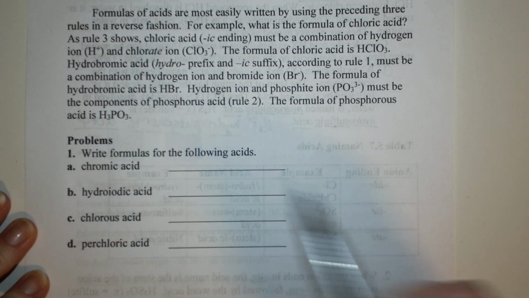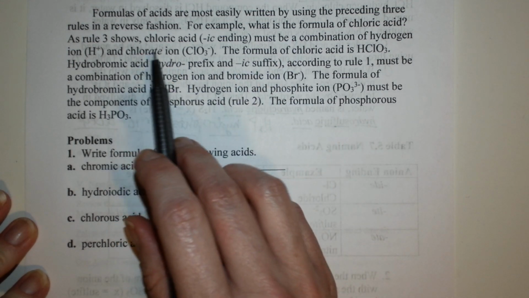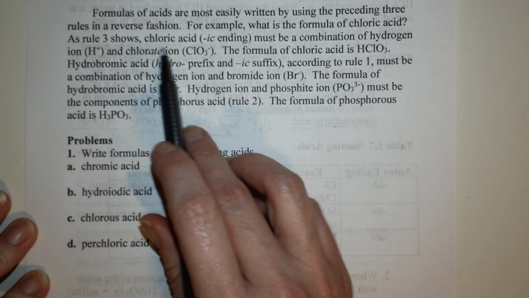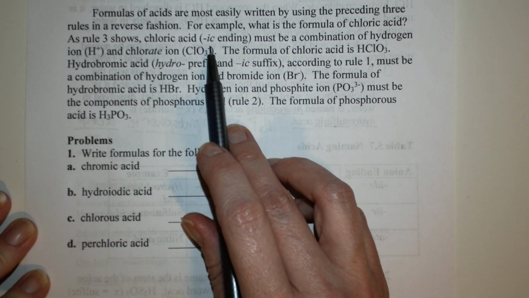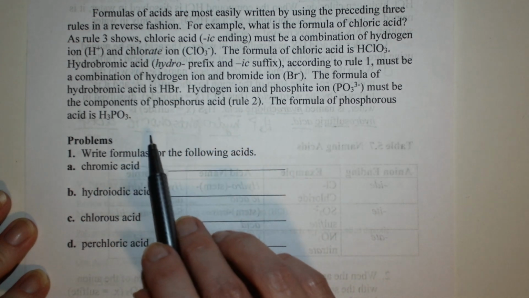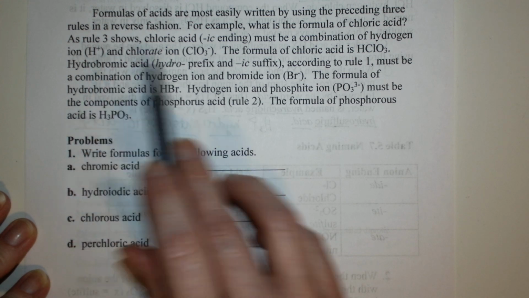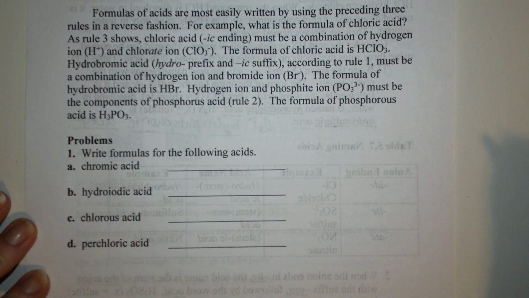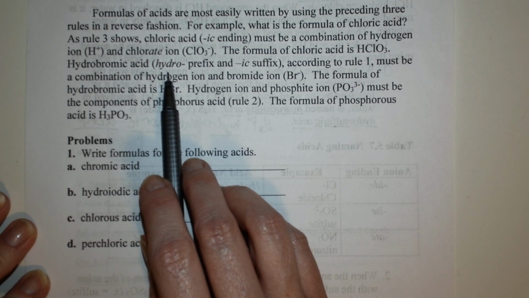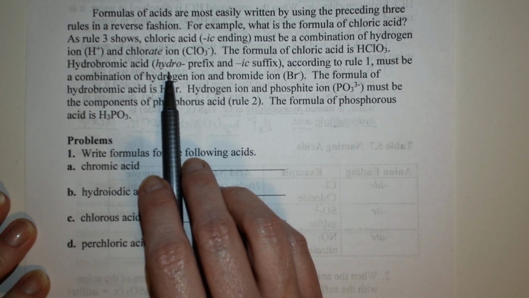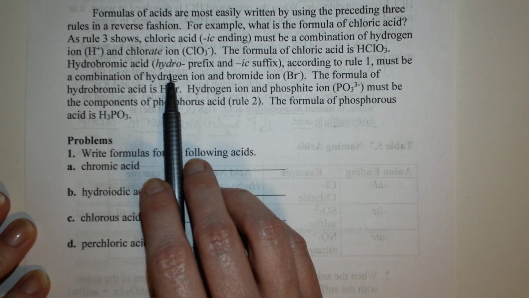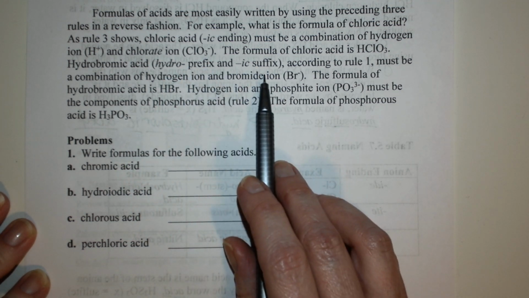Now if you had to go backwards and write the formulas from the names, you just go in reverse. As rule 3 shows, chloric acid, if it ends with "ic" but it doesn't have hydro in front, it must be hydrogen and chlorate. So you just write the formula for that and then balance the charges. If it starts with hydro, it's a binary acid, which means it's just H and one other monatomic ion.